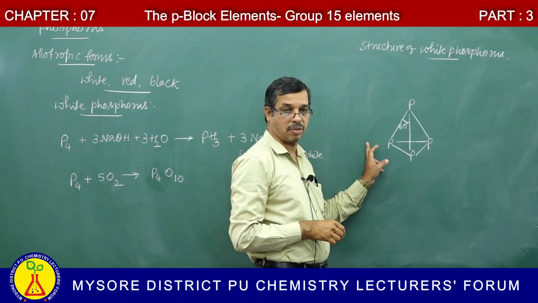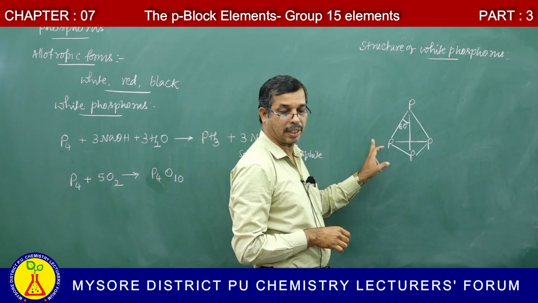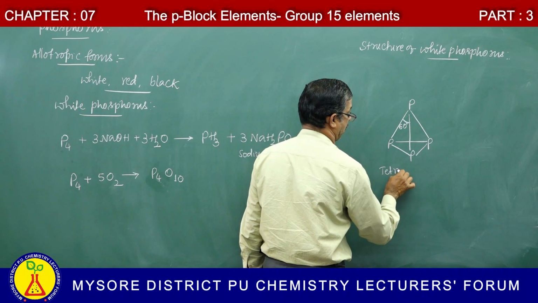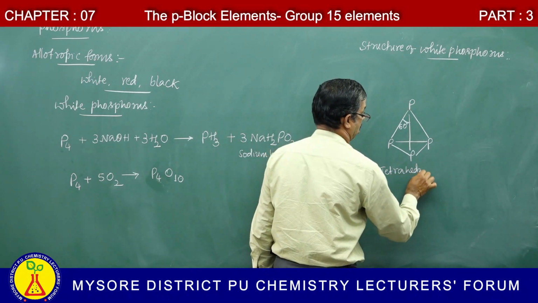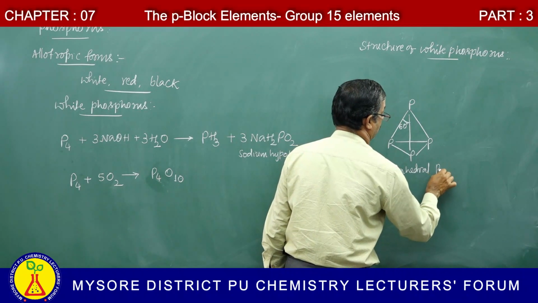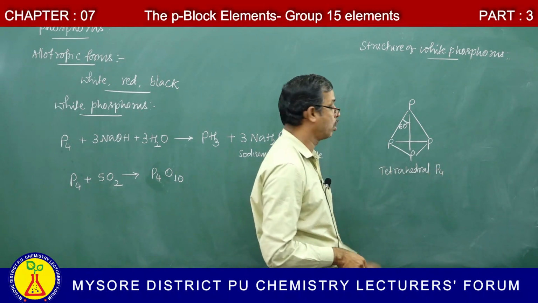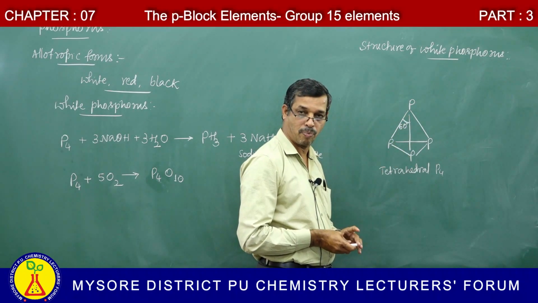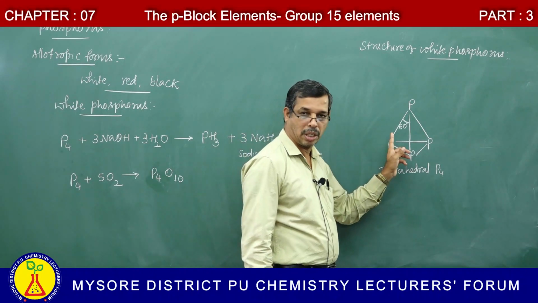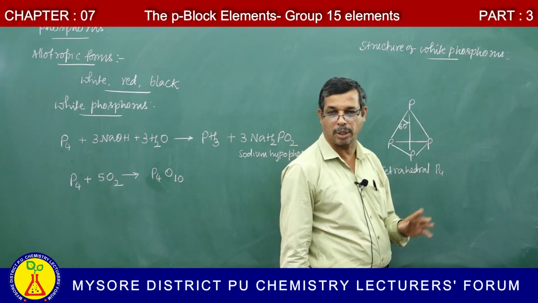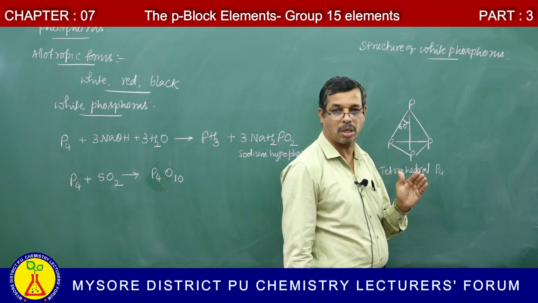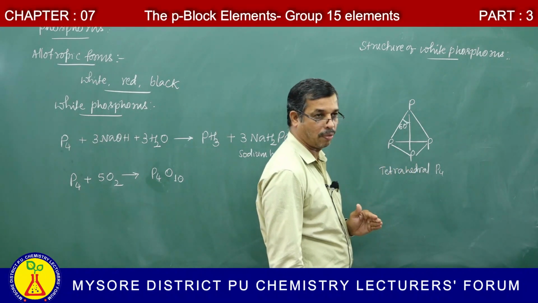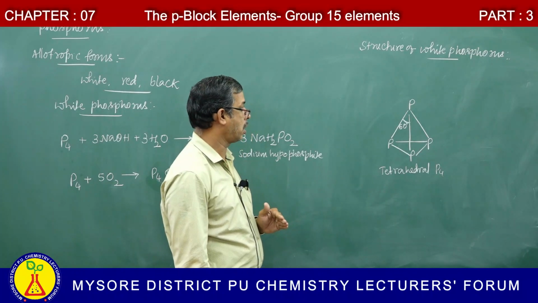It consists of discrete tetrahedral P4 molecules with P-P-P bond angle 60 degrees. White phosphorus is less stable and more reactive. This is because of the angular strain in the P4 molecule. This is all about the structure of white phosphorus.